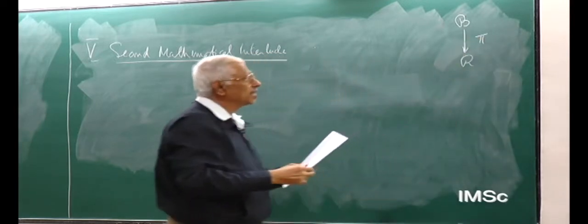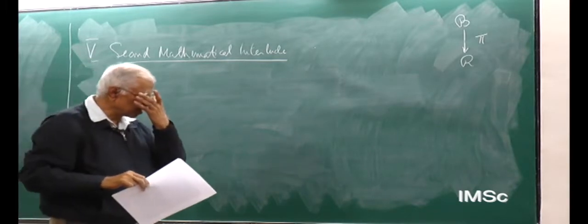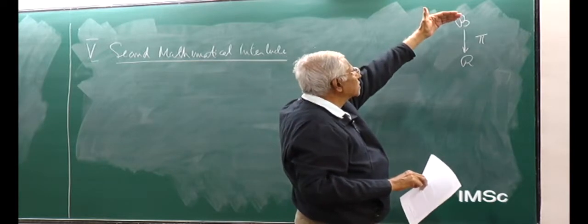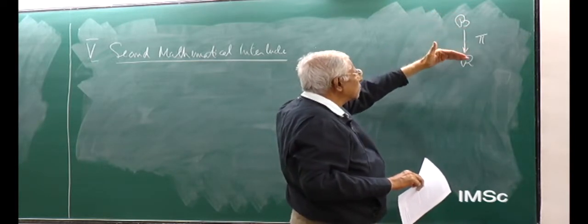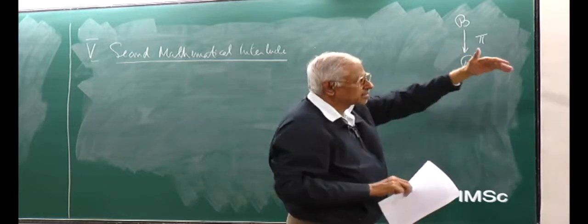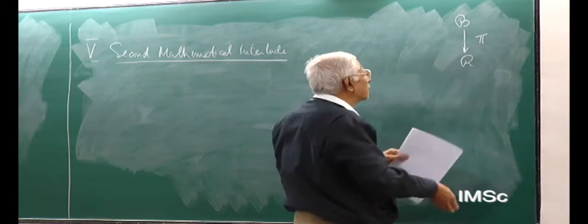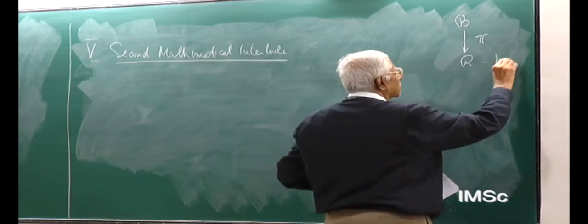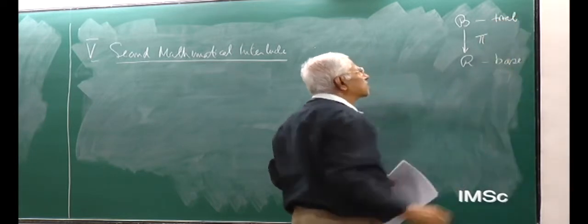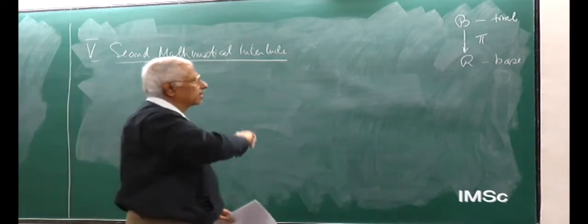The important thing is that we are given a projection operation which maps points in the total space to points in what is called the base space. In this context, the ray space is the base space, and the unit sphere in Hilbert space is the total space. And we have the projection like this.